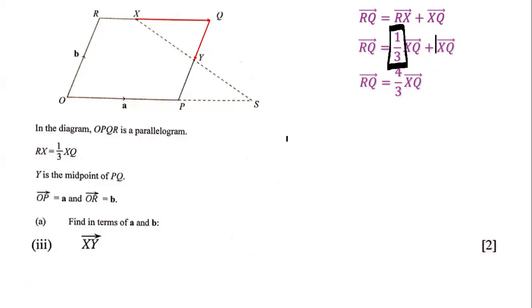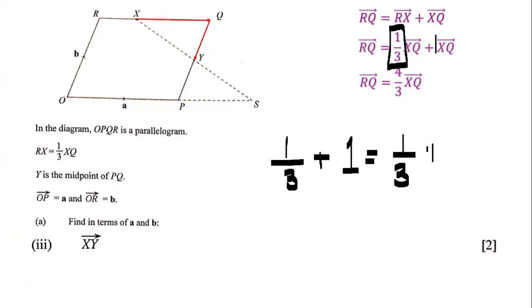So we basically have 1 over 3 plus a whole. But what is a whole?